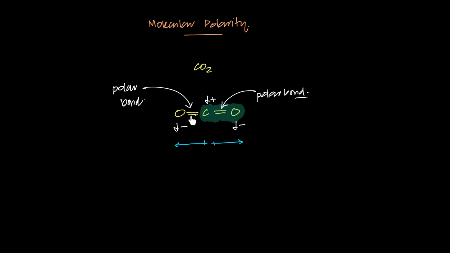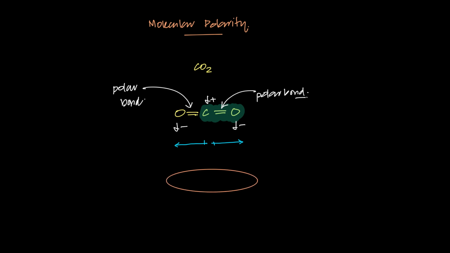Now, we talked about each bond being polar. But what really matters in the real world is how the molecule fares as a whole. Instead of seeing CO2 as CO2, let me draw it as an oval.